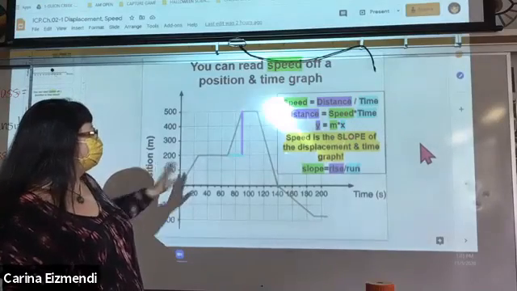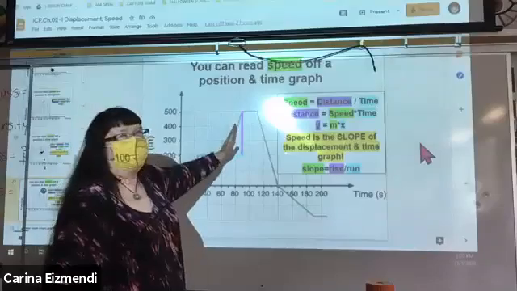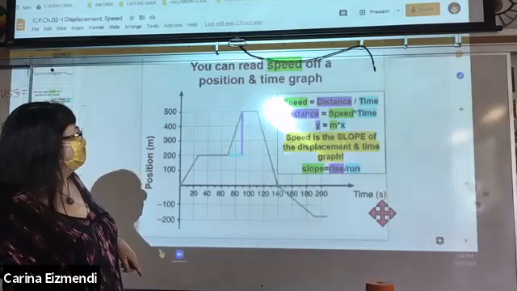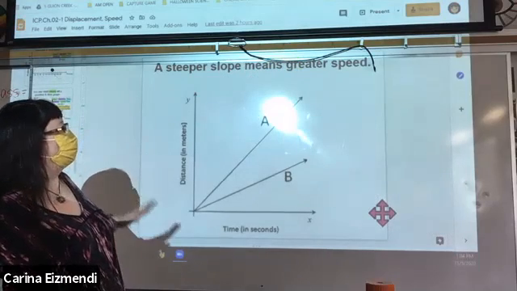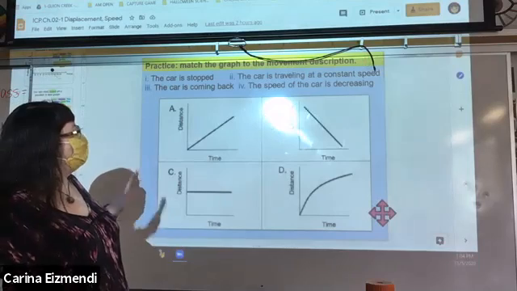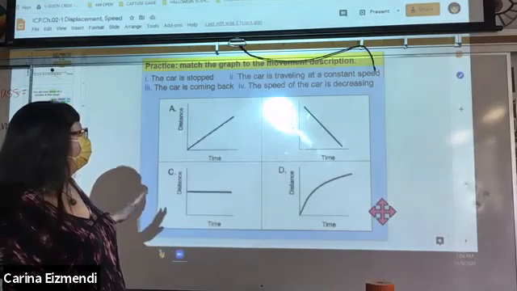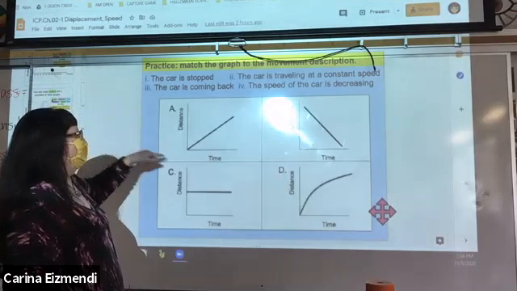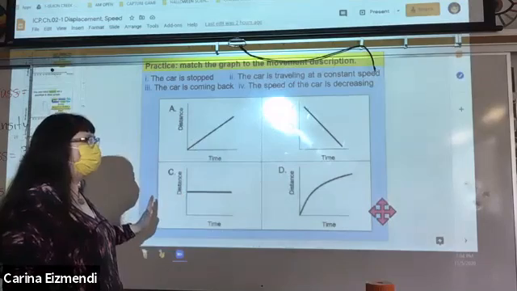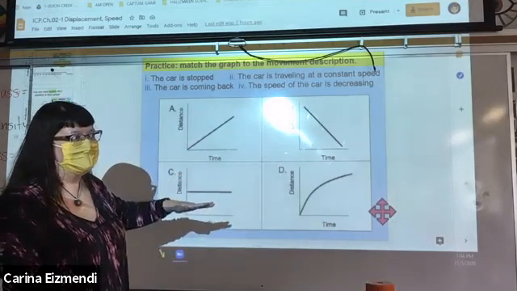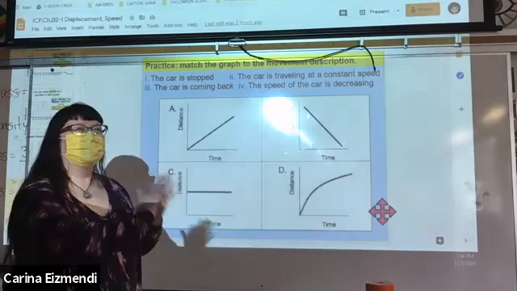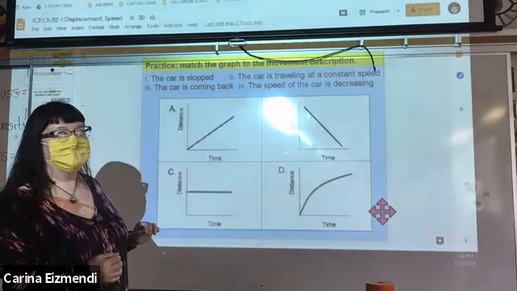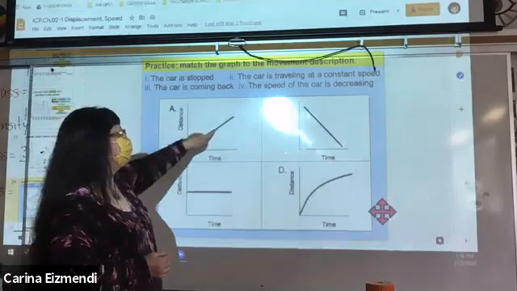So that's the slope. That's the magic thing to remember: speed is the slope of this kind of graph. Steeper slope means greater speed. Here's where we're getting to what I wanted to check. If you think about what these curves mean on distance and time graphs, a straight line is a constant speed, because the slope is unchanging.